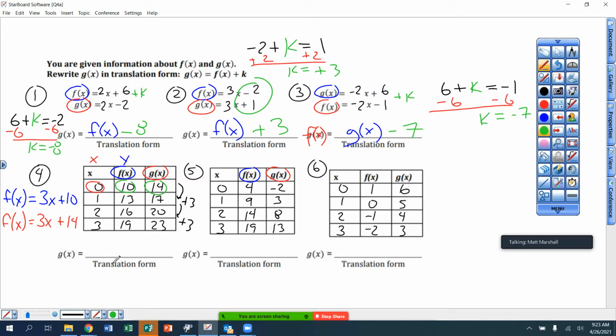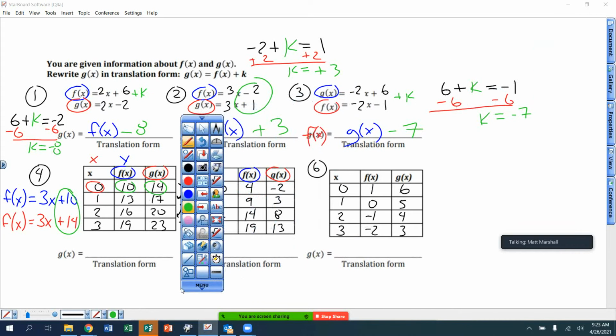Know that for this problem, the original was this one. The new one was this one. Hopefully, without even doing any algebra, you're seeing that it's going up by 4. And then I mislabeled this, hold on. I'm going to be looking for labels, so I really need to make sure I'm being precise myself. This is the g of x line.